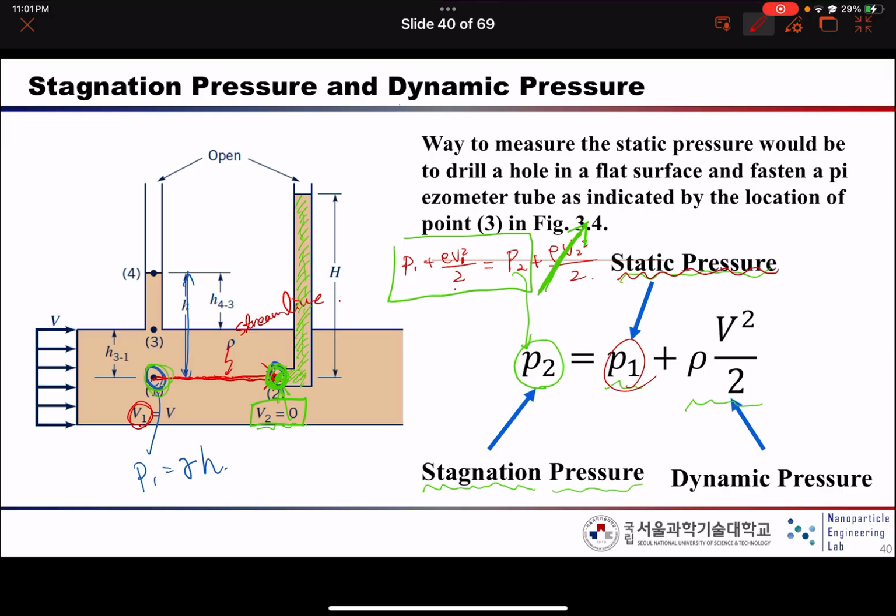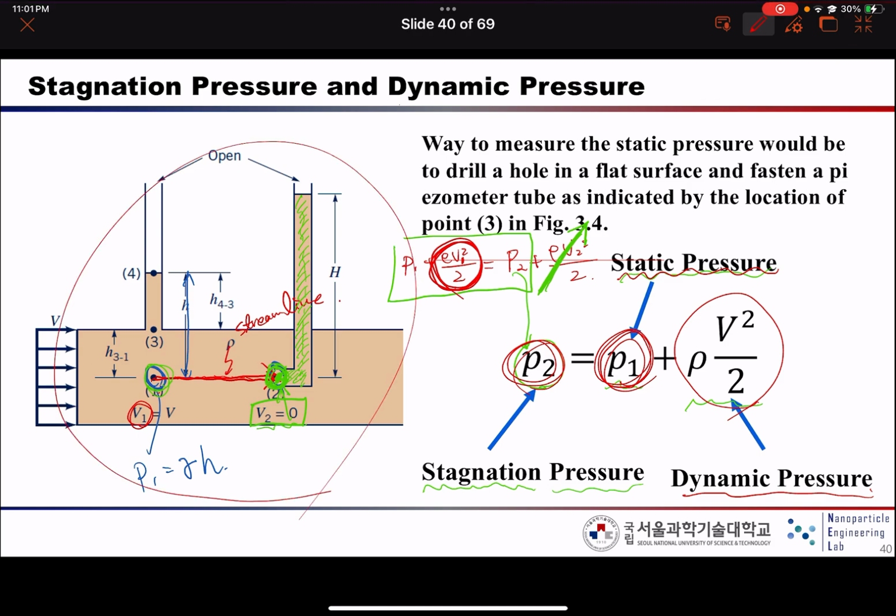And this part, as I already mentioned in the previous page, is the dynamic pressure. So basically the static pressure plus the dynamic pressure represents the stagnation pressure. So you can know the difference between each pressure.